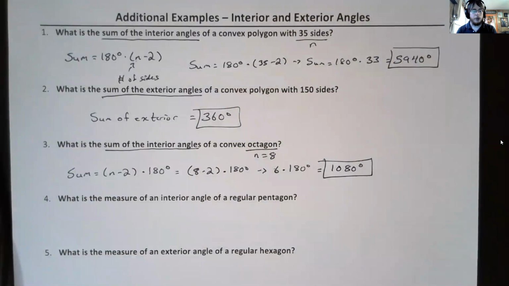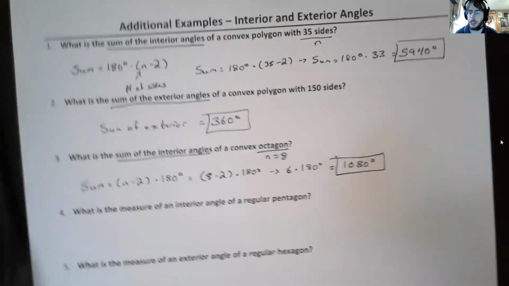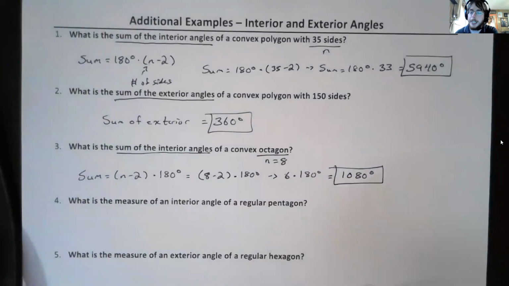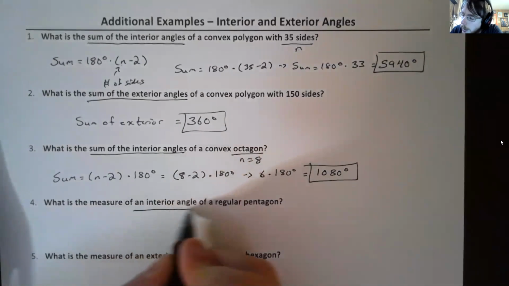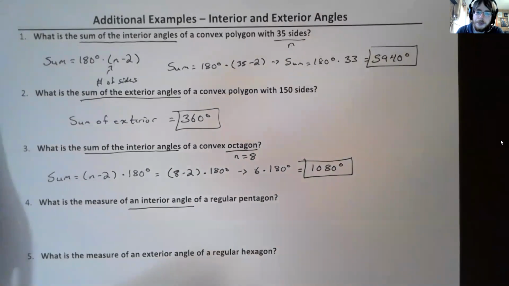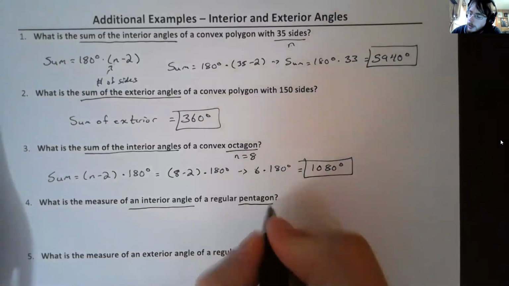All right, number four, you can try number four on your own as well. Just make sure you read what the problem wants from you first. Number four, what is the measure of an interior angle of a regular pentagon? This time, instead of finding the sum, we want to find a single interior angle of a pentagon.